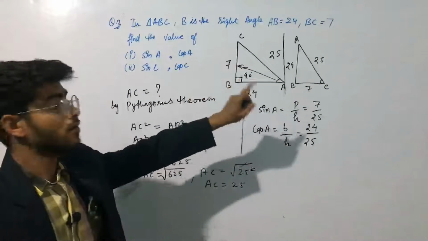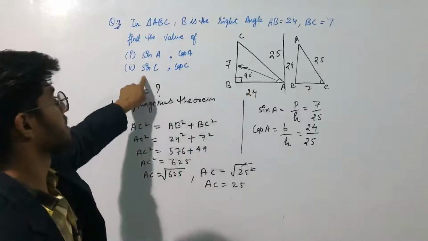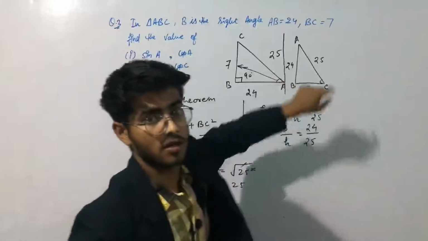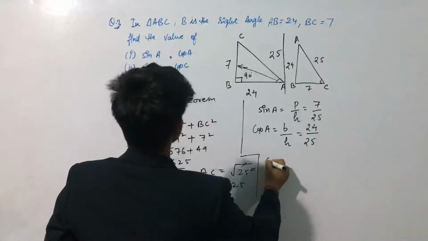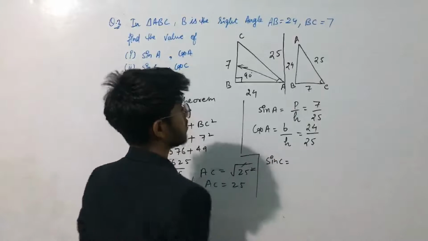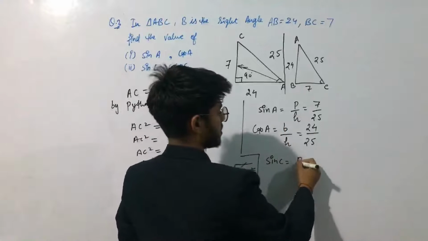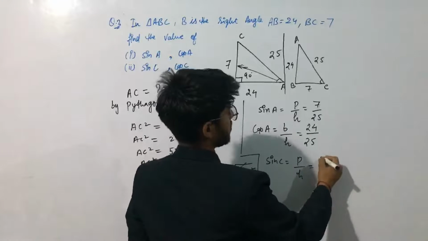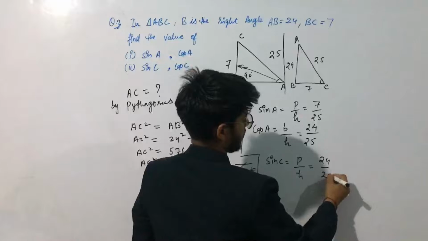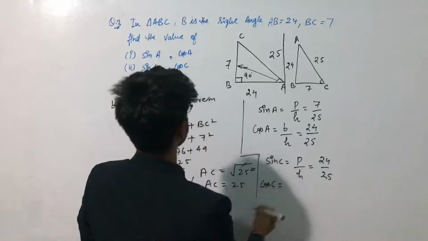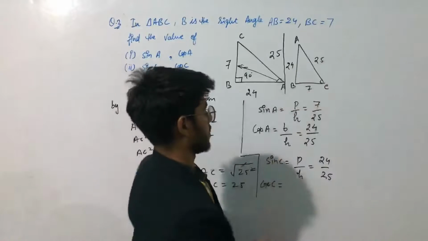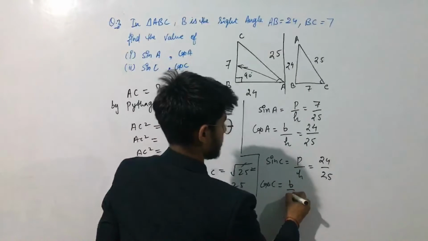We can find sin C and cos C in this triangle. Sin C is equal to perpendicular upon hypotenuse, which is 24 upon 25. Cos C is equal to base upon hypotenuse.